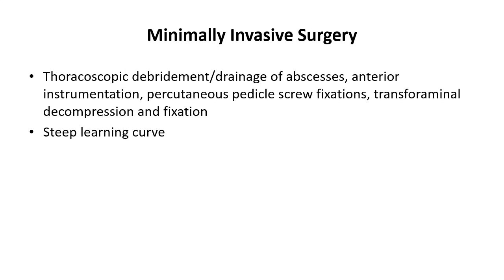The MIS techniques can be used alone or in conjunction with part open procedures. While there is concern about the steep learning curve and the efficacy in the presence of multiple vertebral involvement and major deformity, the utilization of MIS techniques is likely to grow with continuing improvements in instrumentation and implant technology.